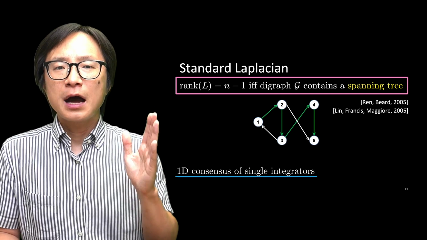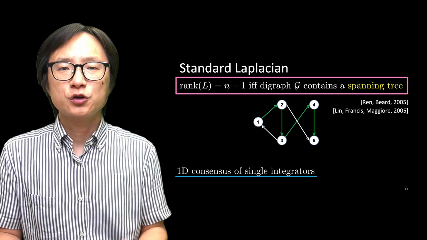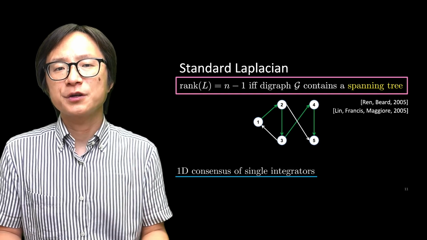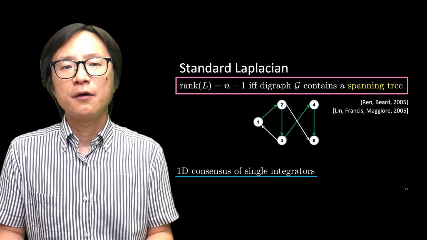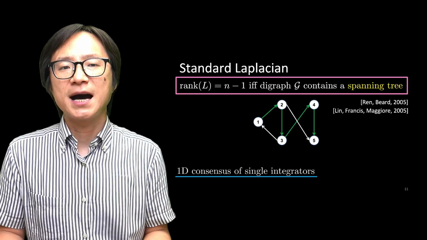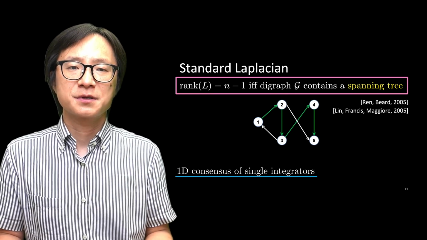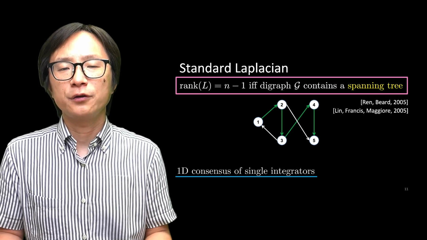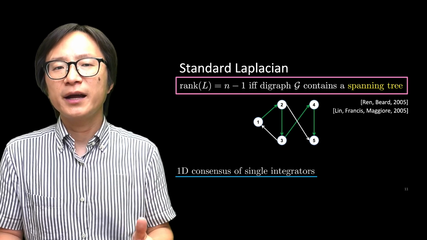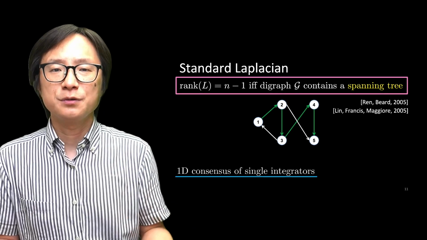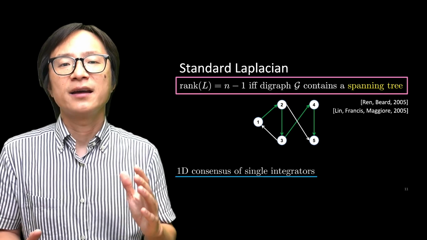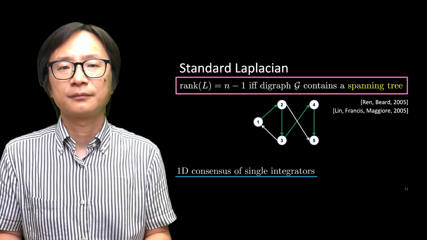We are going to apply this key result to establish the one-dimensional consensus problem and its solution for single integrator type multi-agent systems. And everything we are going to introduce will be directly applicable to or extendable to 2D consensus and, in fact, any dimensional consensus.